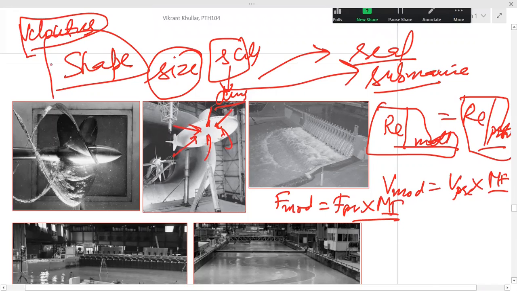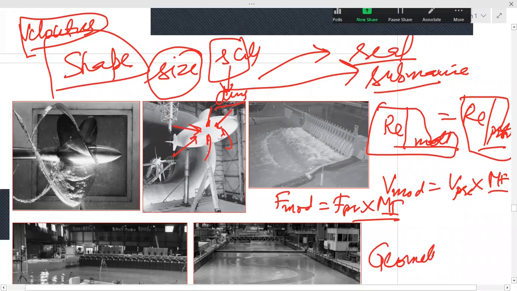So please remember, when you try to maintain the shape, this is called geometric similarity.